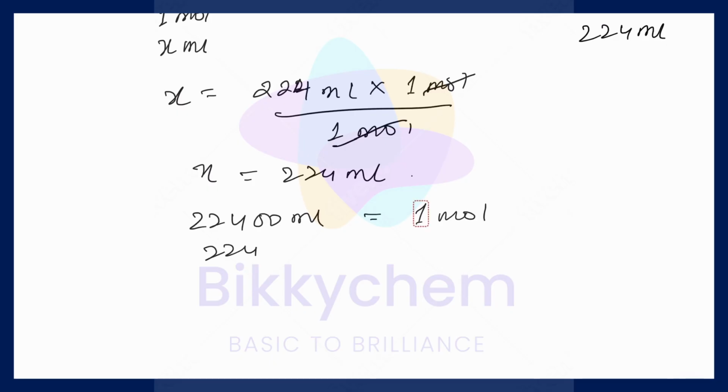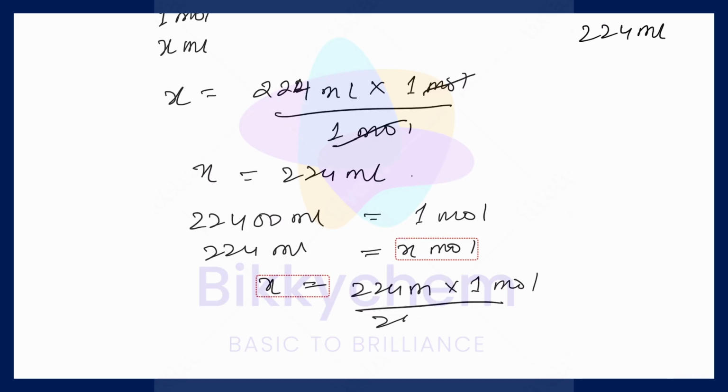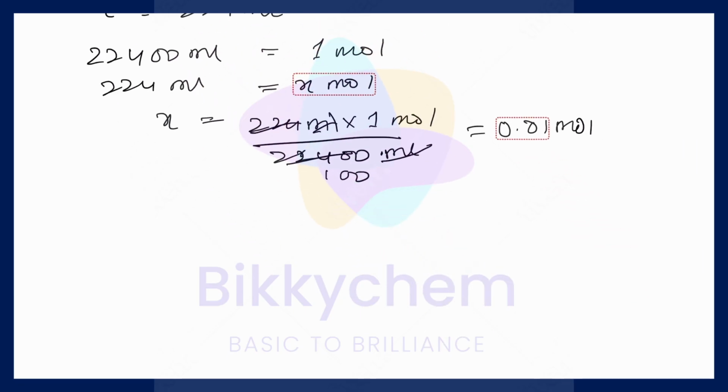So 224 ml means x mole. So x is equals to 224 ml into 1 mole divided by 224,000 ml, which is equals to 0.01 mole.